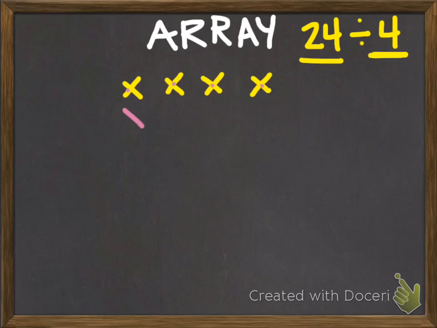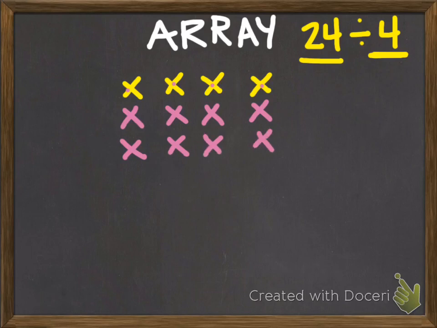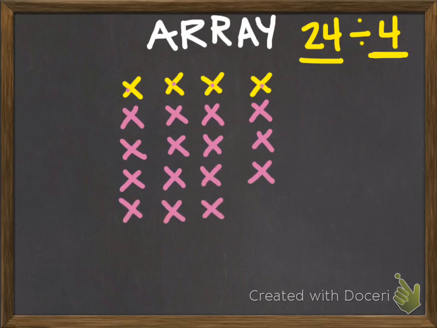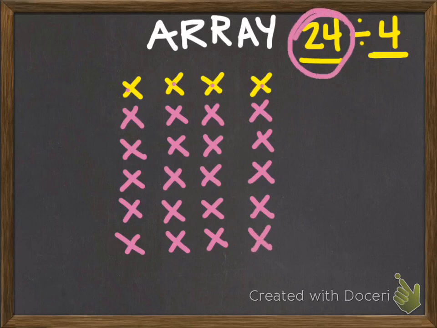Now I'm going to have 5, 6, 7, 8, 9, 10, 11, 12, 13, 14, 15, 16, 17, 18, 19, 20, 21, 22, 23, 24. I reached the amount of cards that I have. So now I have an array.